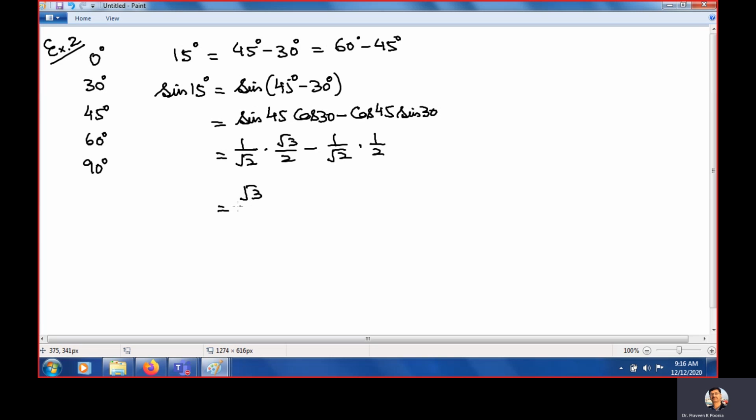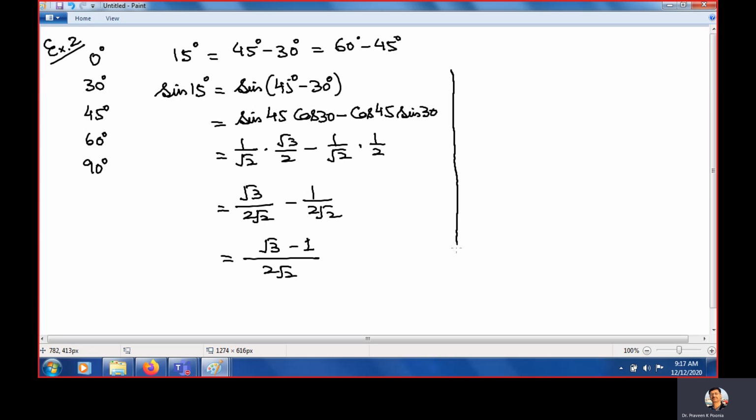If you multiply, it is square root 3 upon 2 root 2 minus 1 upon 2 root 2. If you take LCM 2 root 2, it is square root 3 minus 1. This is the value of sin 15 degree.